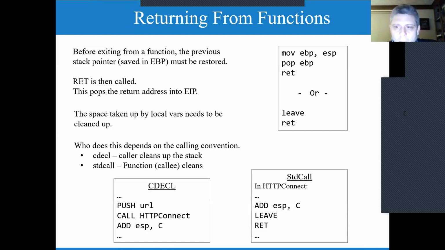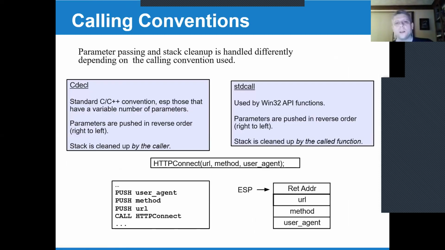So from Chris, asks, so C is one of the 3 variables, or did I miss something? Okay, so let me jump back for this one. In this particular case, we had the function HTTP connect, that was pushing 3 values on. We're dealing with 32-bit assembler here, or we're assuming that we are.